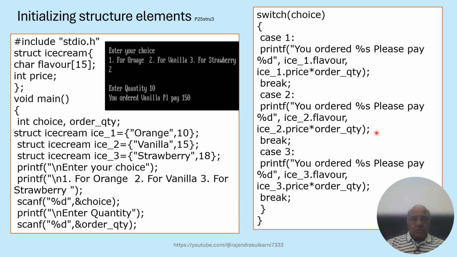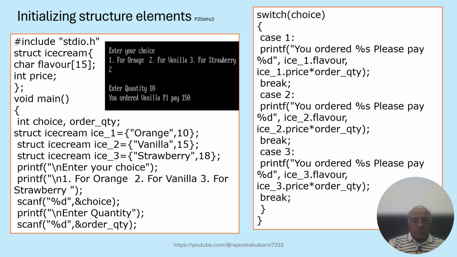So in this way, what we have seen in this program is that a structure variable can be declared in this fashion: struct ice cream, and then the name of the variable, ice_1. And at the same time, we have initialized that structure variable ice1 by assigning the values which are enclosed within the opening and closing braces and separated by commas.